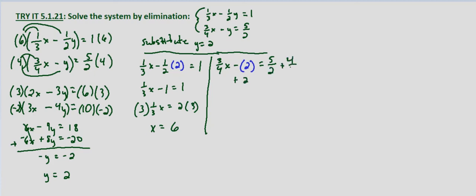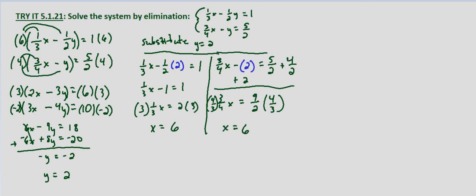I'm going to go ahead and put it over the common denominator 2. 4 divided by 2 is 2, so plus 4 halves. That leaves us with 3/4 x equals 9 halves. Now we'll multiply both sides by the reciprocal of 3/4, which is 4/3. And we end up with x equals, again, 6.